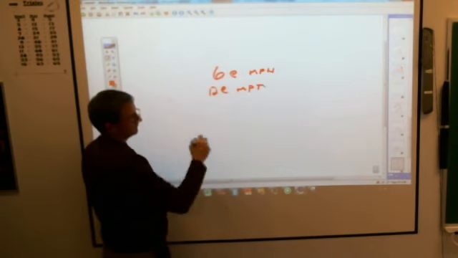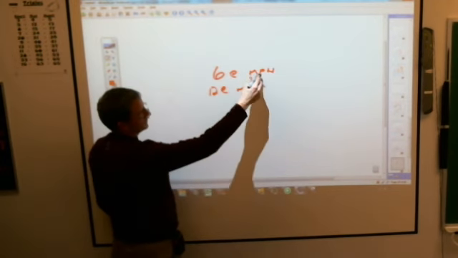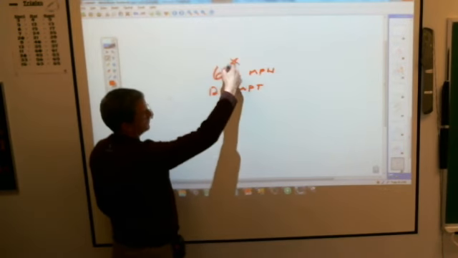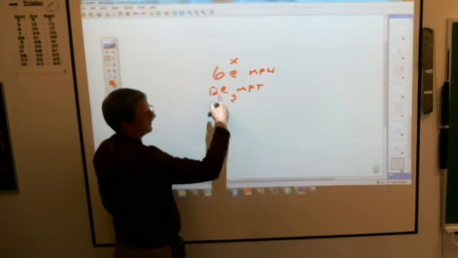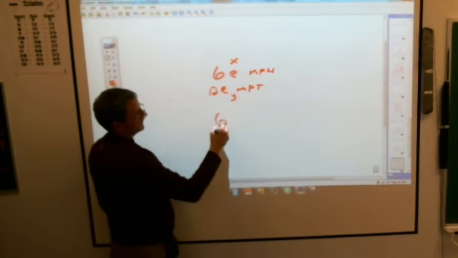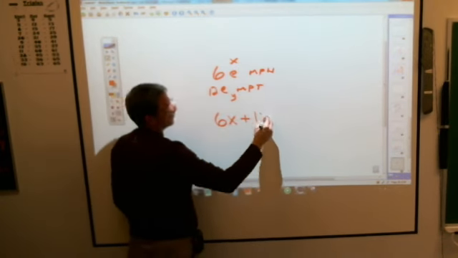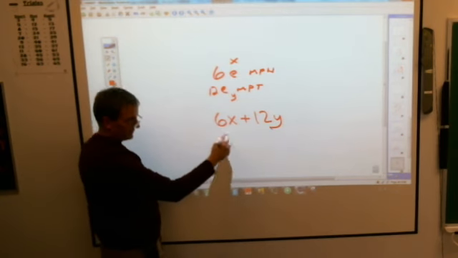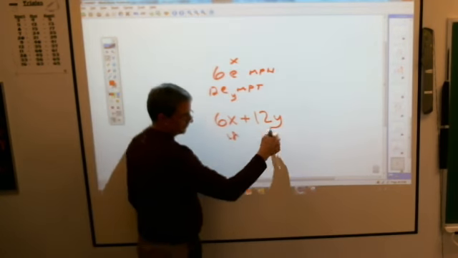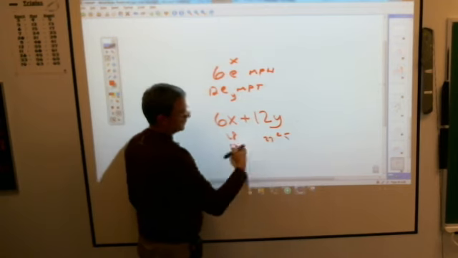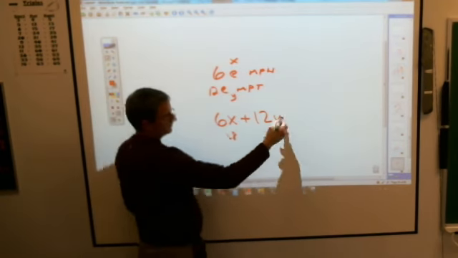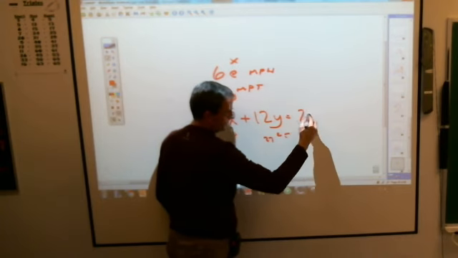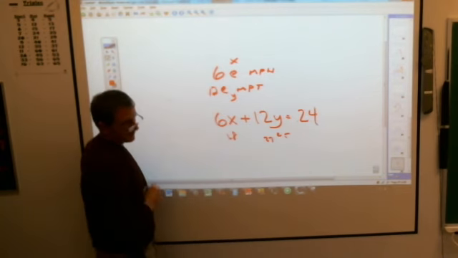So let's pick the number of hours she jogs as x, hours she bikes as y. If you take 6x plus 12y, let's say she jogged for 3 hours, you'd get 18, and she biked for 2 hours, you'd get 24, so you would go a total of whatever that is. Well, she actually goes a total of what? 24 miles, right? Doesn't it say that part of the problem? She's going to go 24 miles.